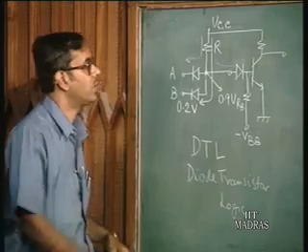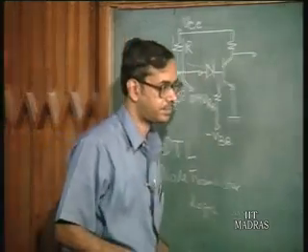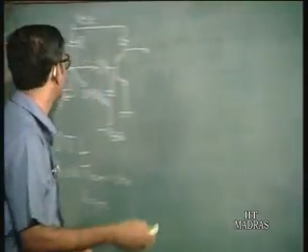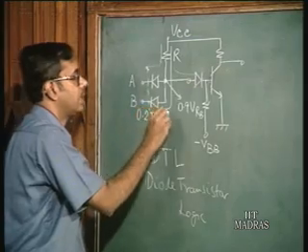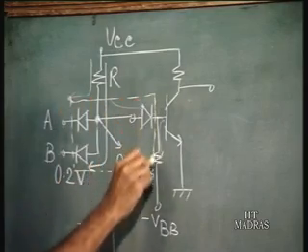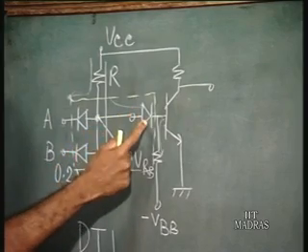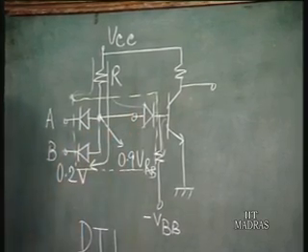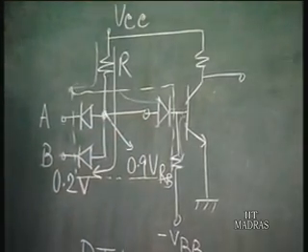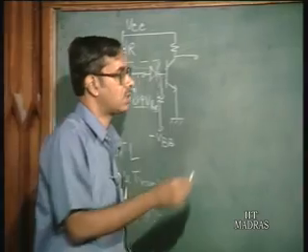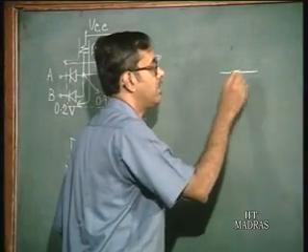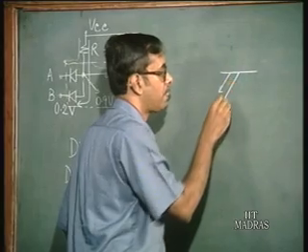Now, if you look at this structure here, the two diodes here, and this diode here, this particular structure can be replaced by what is called a multi-emitter transistor. I will just come to that. What is a multi-emitter transistor?